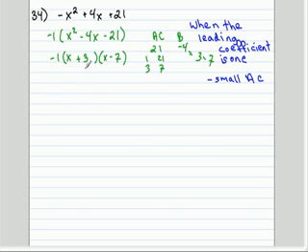We can go just to the two parentheses and not have to worry so much about that middle term. And 38.